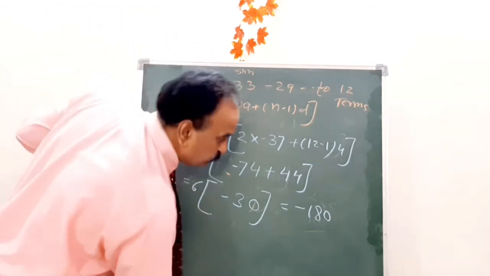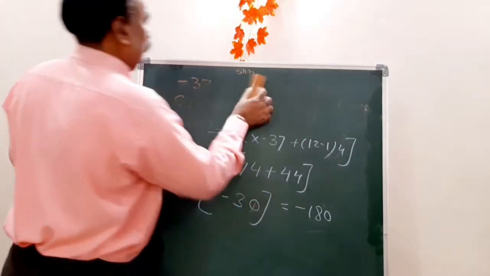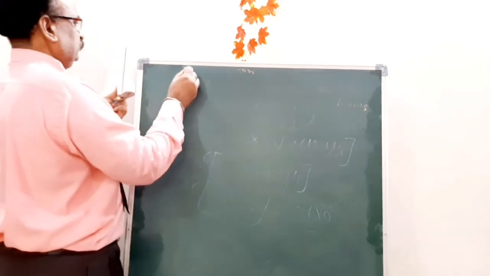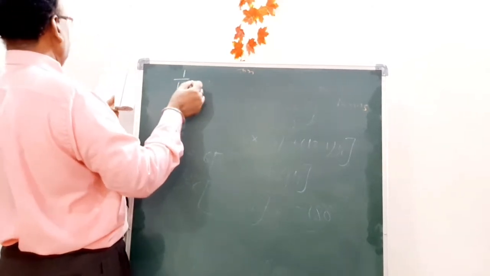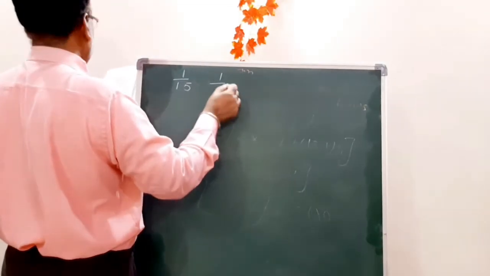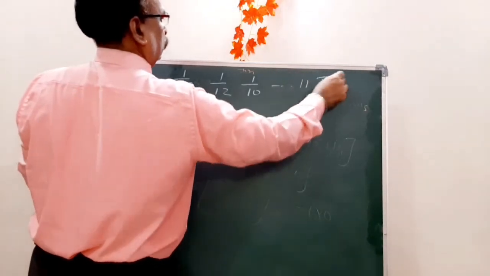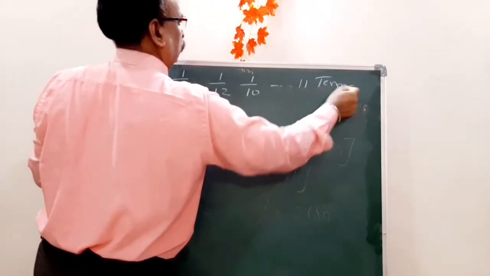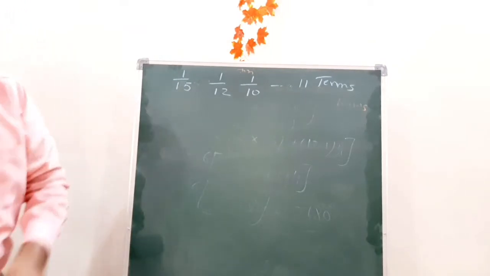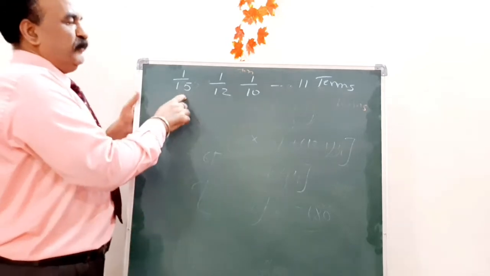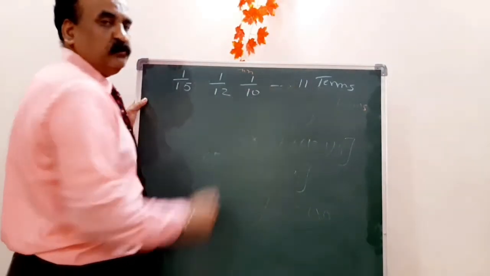Very good. Now one more question. See, this is the question. 1 upon 15, 1 upon 12, 1 upon 10, dot dot dot, up to 11 terms.